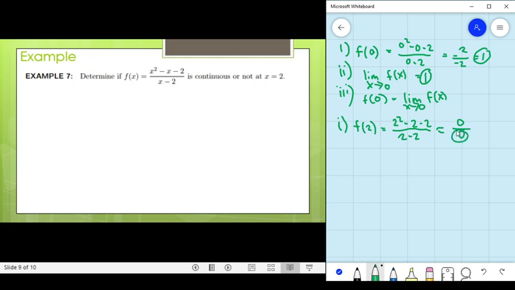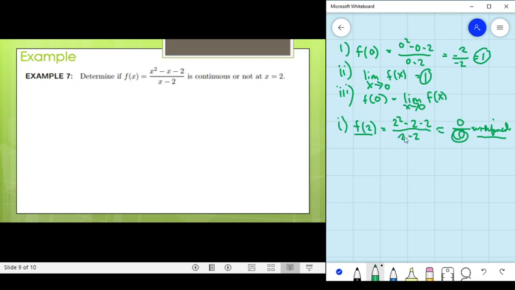So since the denominator is 0, that means this function is undefined at x equals 2, right? So since f of 2 does not exist, undefined because of the denominator, that means the first condition is not met.